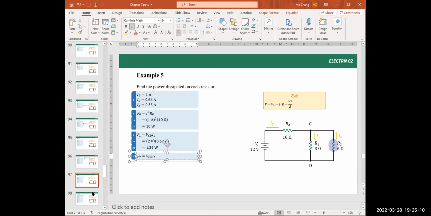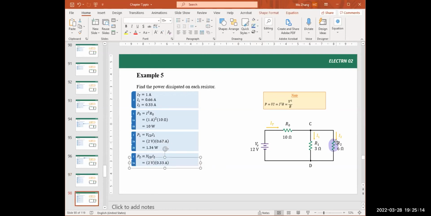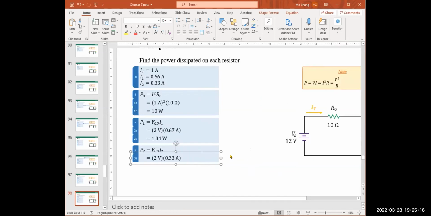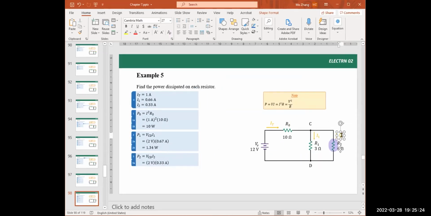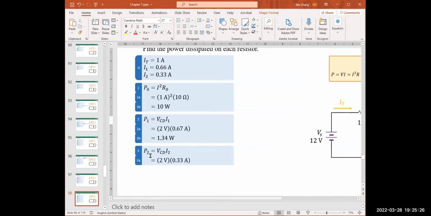VCD is 2 volts, and the current that goes through the last resistor R2 is 0.33 amps, obtained in example 4. 2 volts times 0.33 amps. If you multiply these numbers, it equals 0.66. And then the unit is watt.